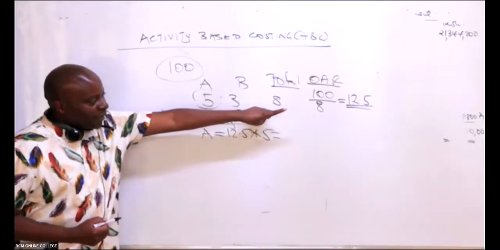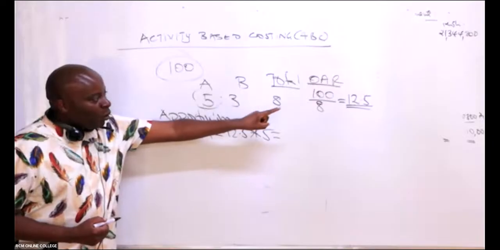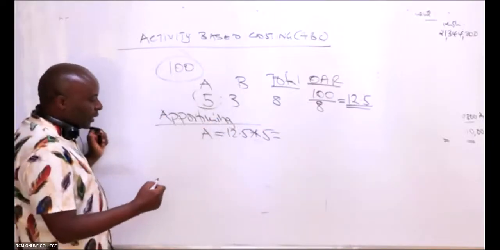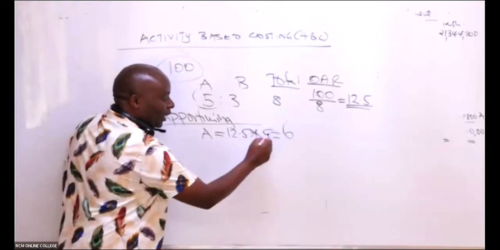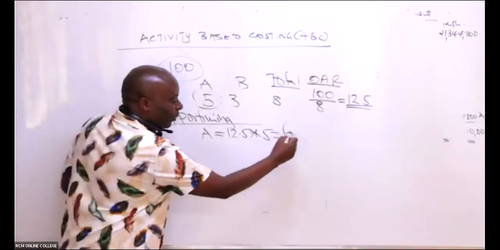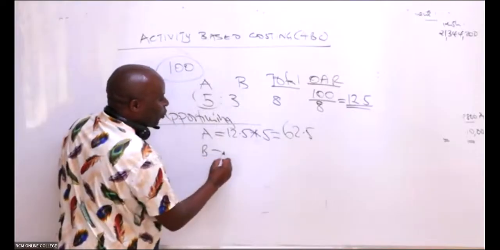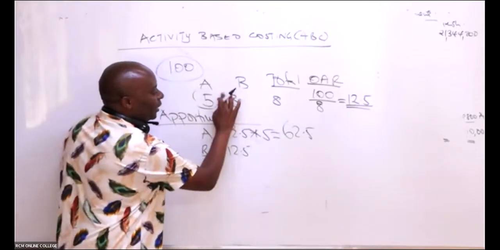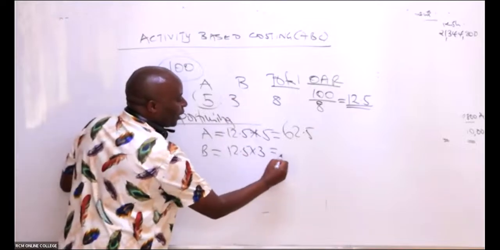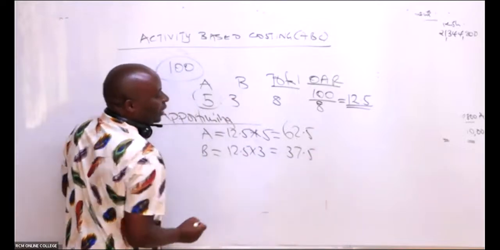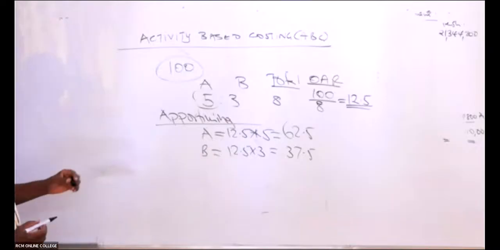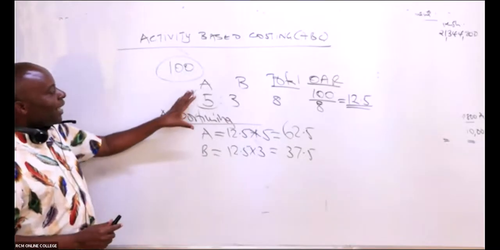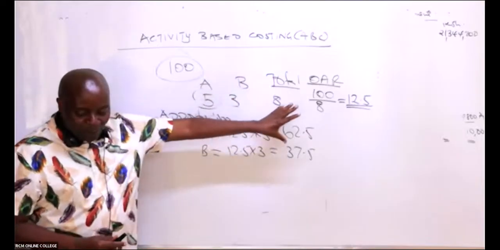Per activity unit, A will be consuming 12.5, and he has 5 units. Will this give me the 62.5 you gave me earlier? And then B, it will be the OAR times his units, times 3. And we shall be able to get 37.5.